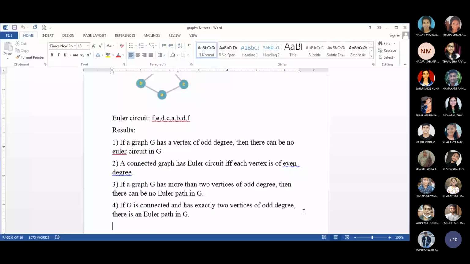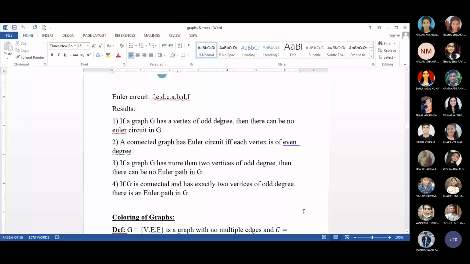These results you can use for checking whether the Euler circuit will exist or not, as well as whether a Euler path will exist or not.